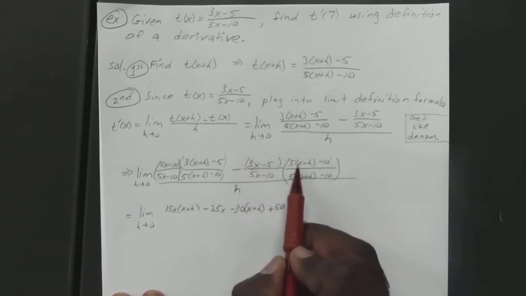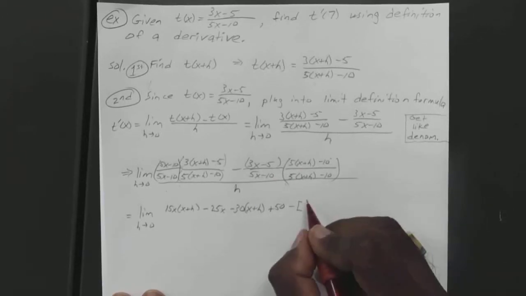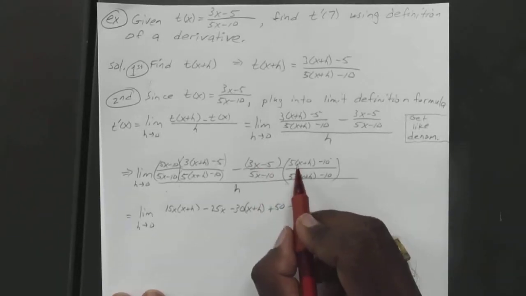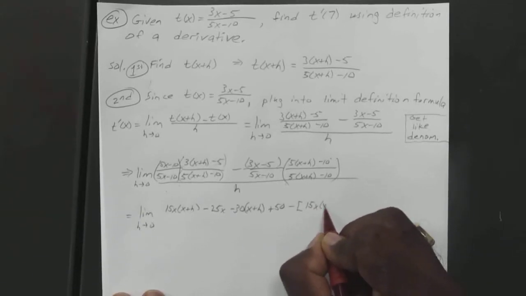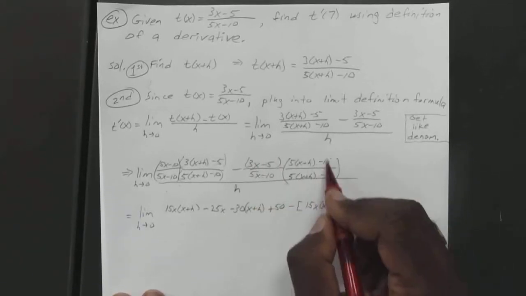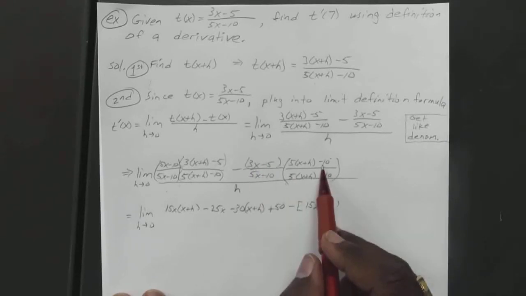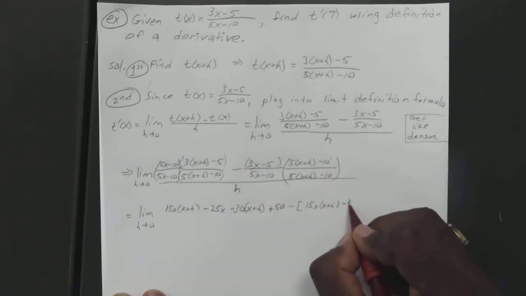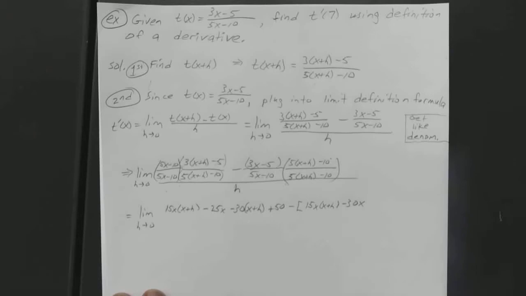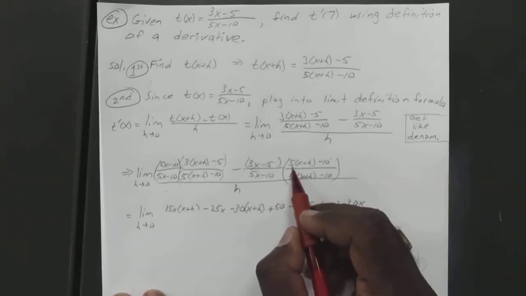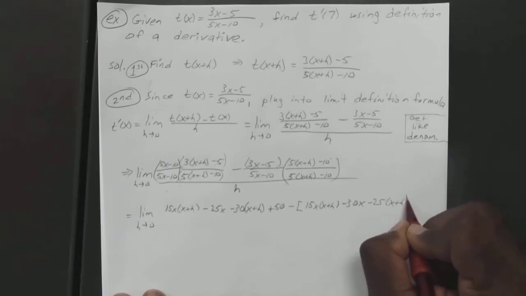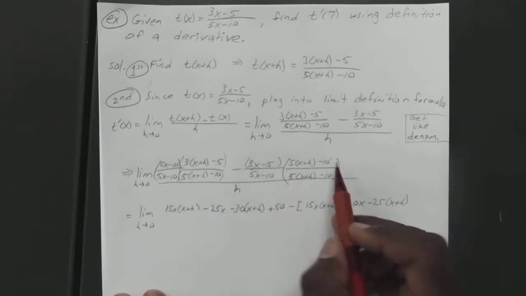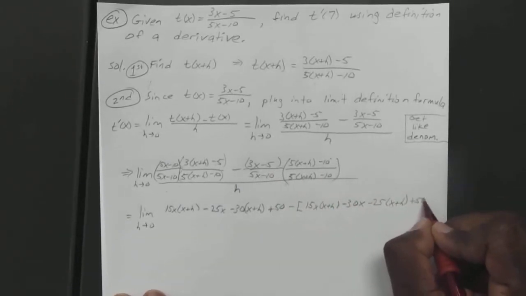Minus the FOIL method for these two: 3x times 5 is 15x times x plus h. Your outer is 3x times negative 10, which is negative 30x, plus your inner, negative 25 times x plus h, and your last, which is positive 50.